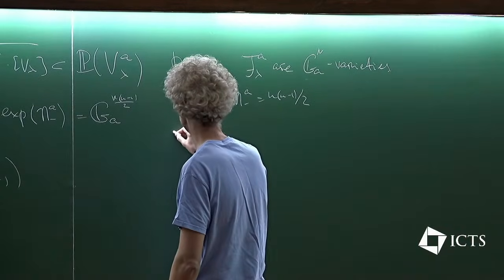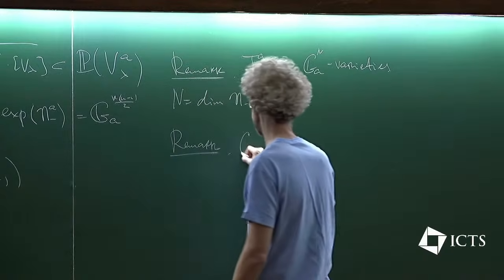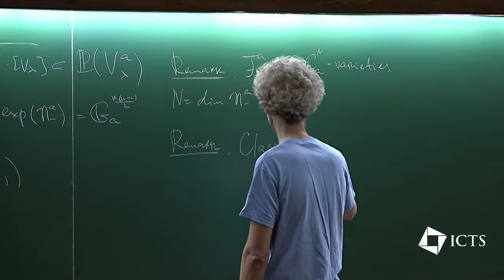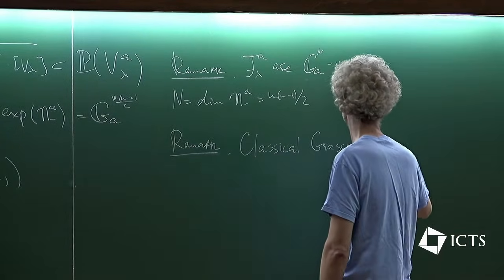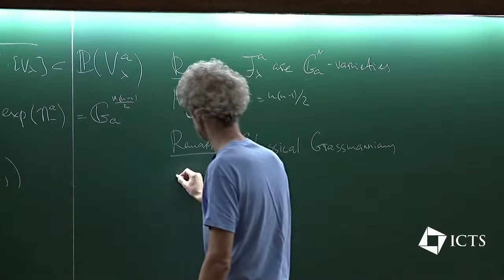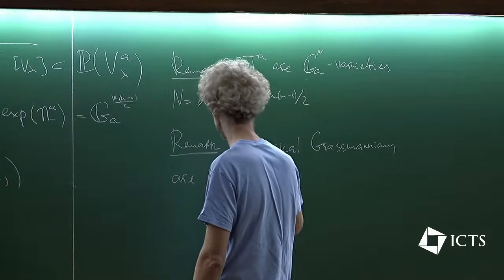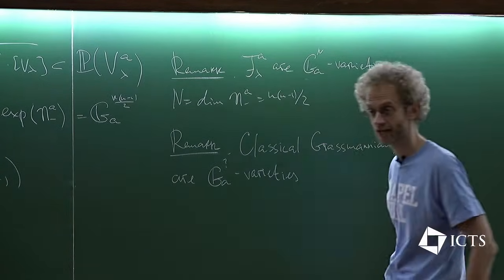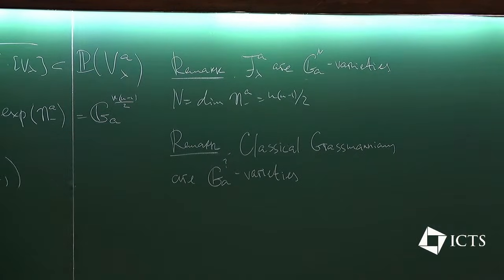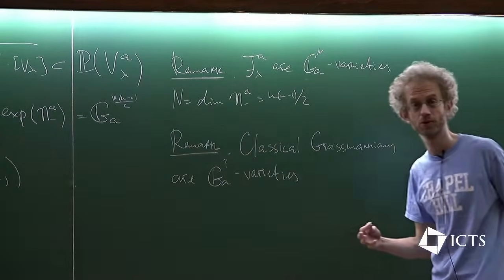One more remark: classical Grassmannians are G_a^n varieties, meaning that there is an action of an additive unipotent abelian group which acts with an open orbit.